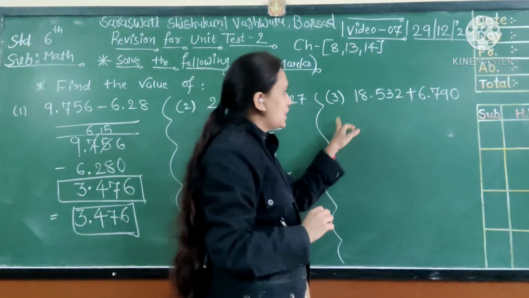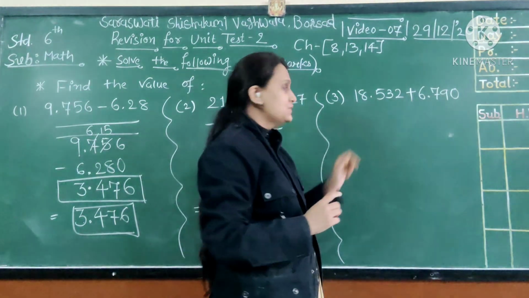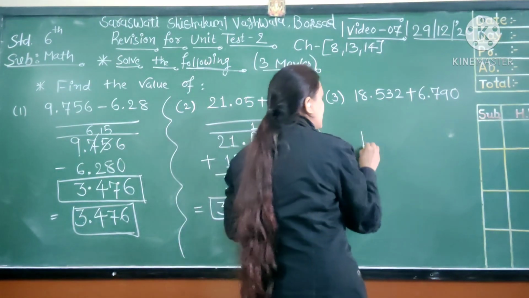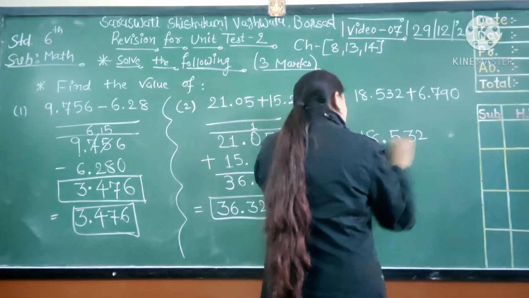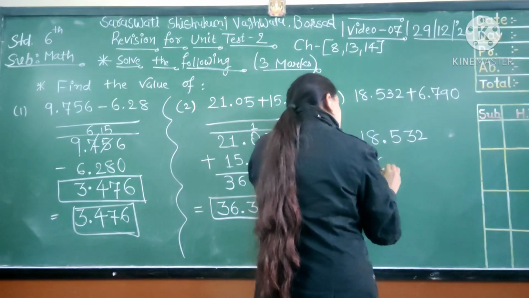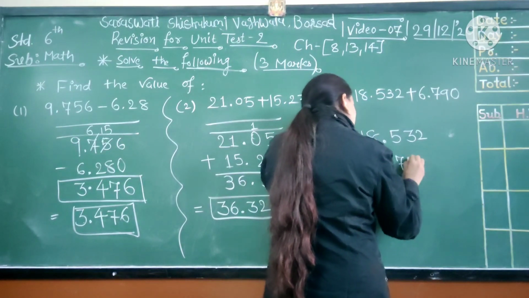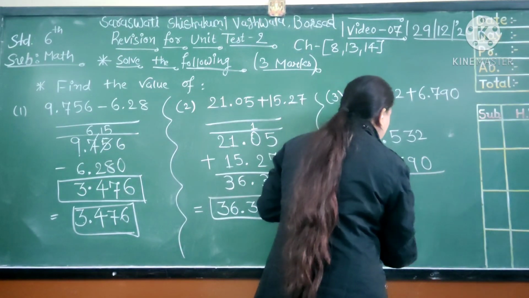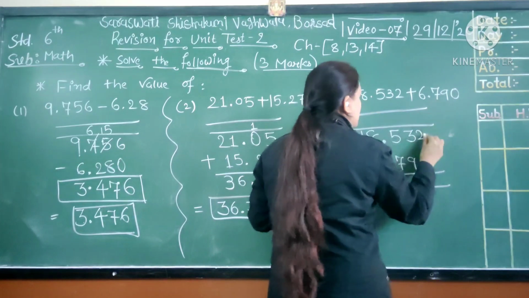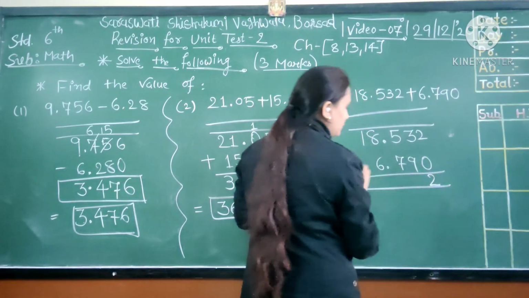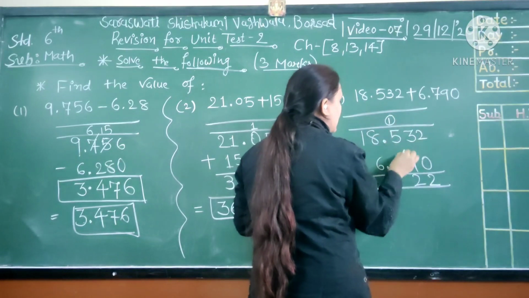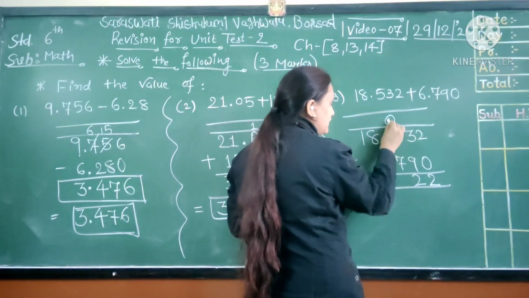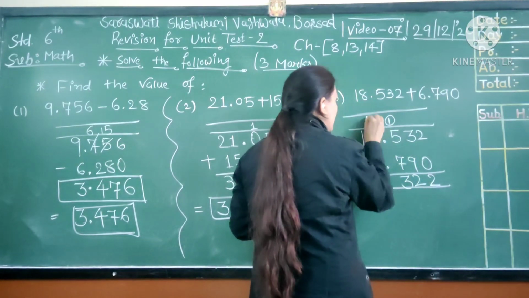Now in the third question also we have been given addition. So let us start the addition here. The digits are 18.532 plus 6.790. Let us add the digits here. 2 plus 0, 2. 9 plus 3, 12, carry over 1. 5 plus 7, 12 plus 1, 13, carry over 1.